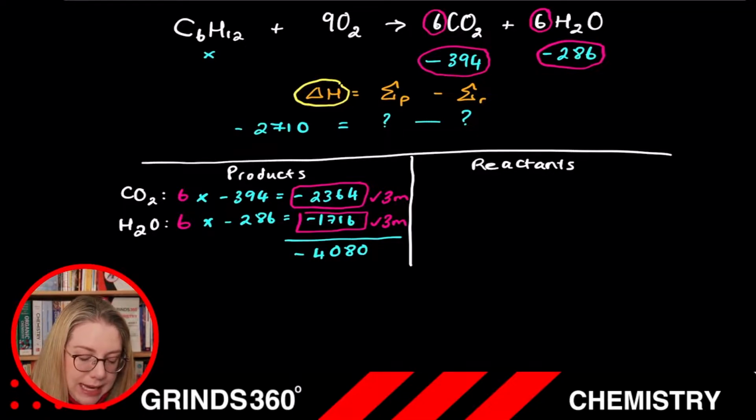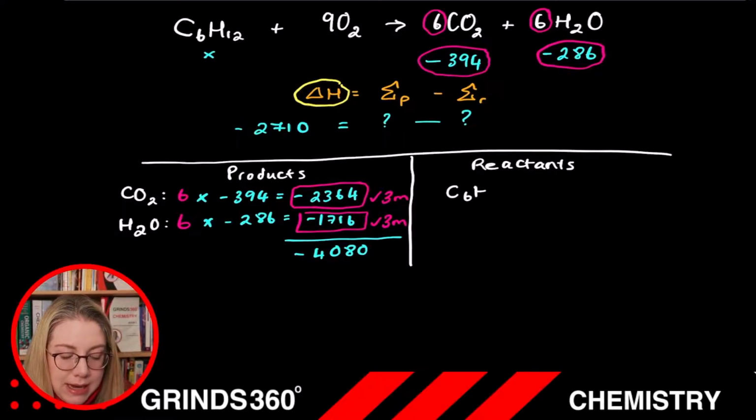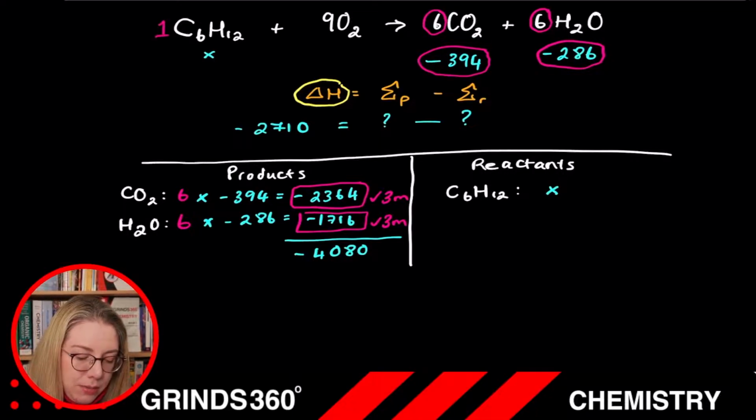Now, let's look at the reactants. The only reactant that we're given any information about or asked about is C6H12. The heat of formation of oxygen is 0, so we're not going to use it for anything. Now we're calling the heat of formation of the cyclohexane X. Same as before, you take the number in front of the cyclohexane, which is 1, and you multiply it by the heat of formation of cyclohexane.